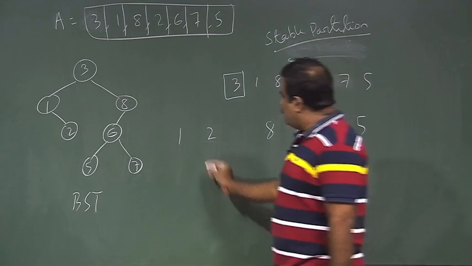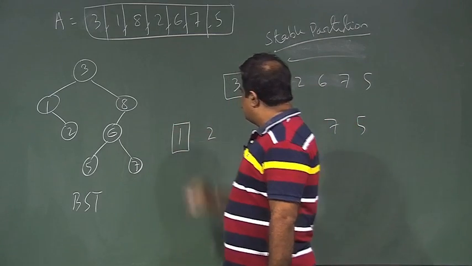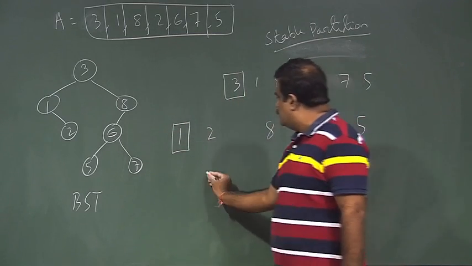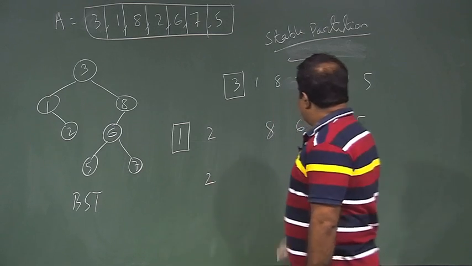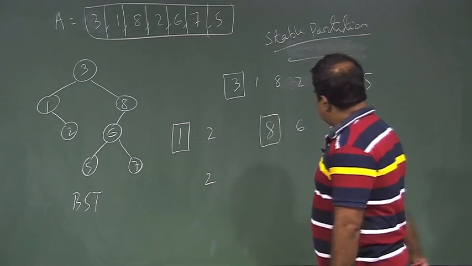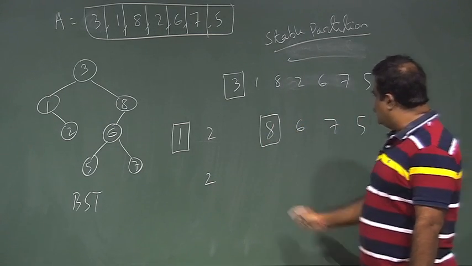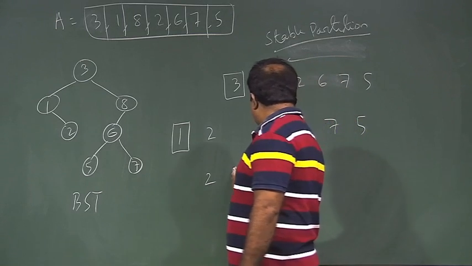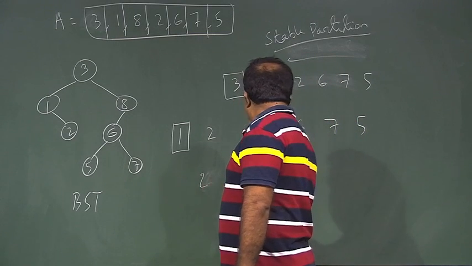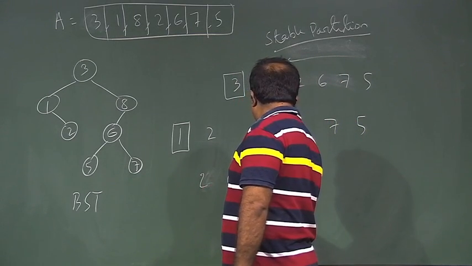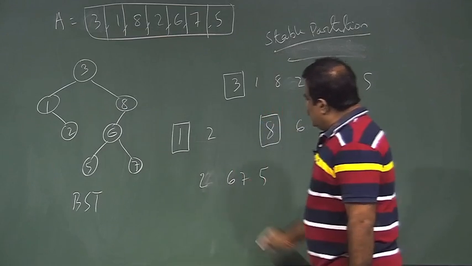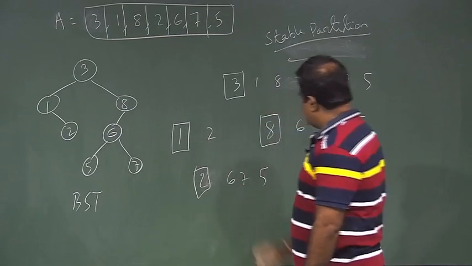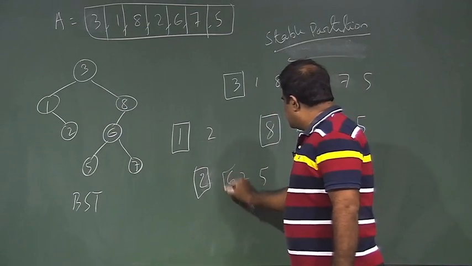Okay. Now, again we take 8 as a pivot. All the elements less than 8 are 6 7 5, then 2 sits here, and then we take 6 as a pivot.